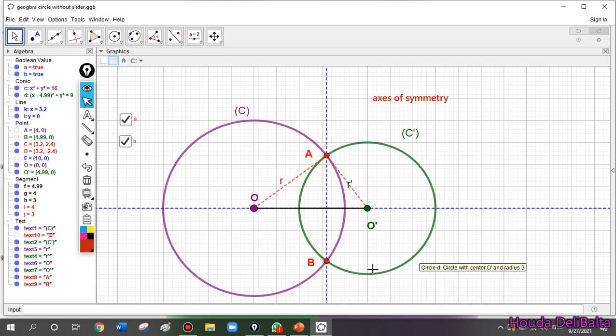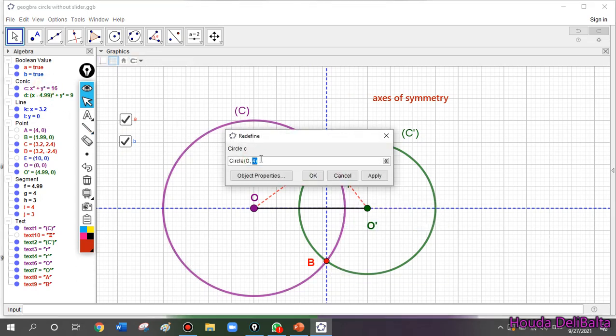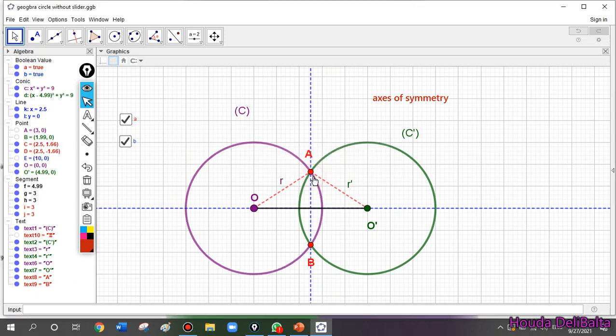It's clear that this part to the right will never coincide with that part to the left. Just the line holding the centers is the axis of symmetry. So when is the line holding the intersection points an axis of symmetry? It is an axis of symmetry when the circles are equal and intersecting at the same time. That's according to intersecting circles.